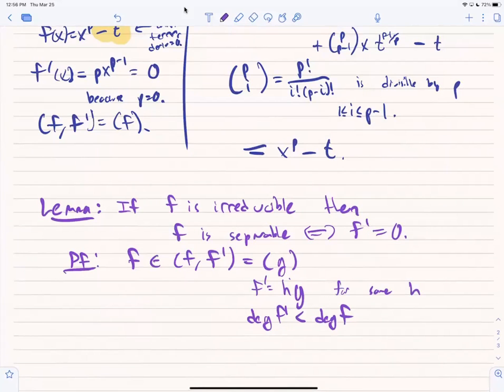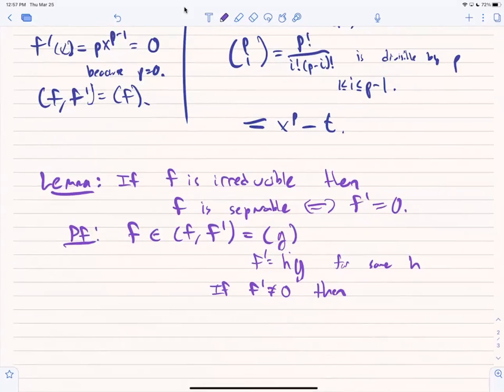Let me say it this way. If f prime is not equal to 0, well, I'll just do it in cases, then the degree of g, which is less than or equal to the degree of f prime, is strictly less than the degree of f.